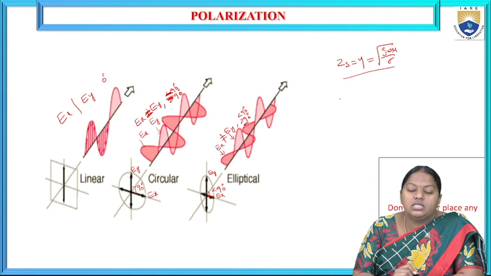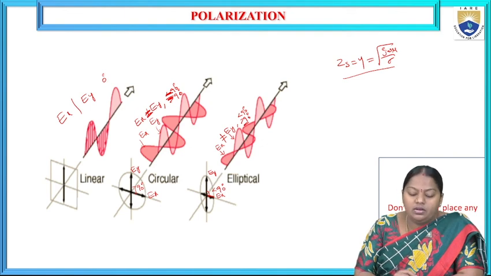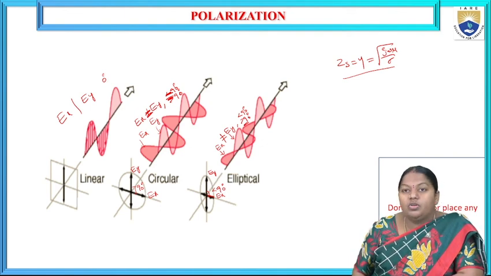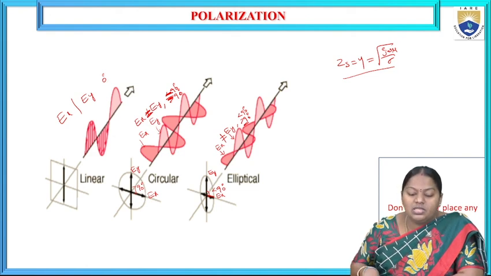Now we have learnt the definition of polarization. After that we observed three cases of polarization: linear, elliptical and circular polarization. From this we can conclude that linear and circular polarizations are special cases of elliptical polarization.